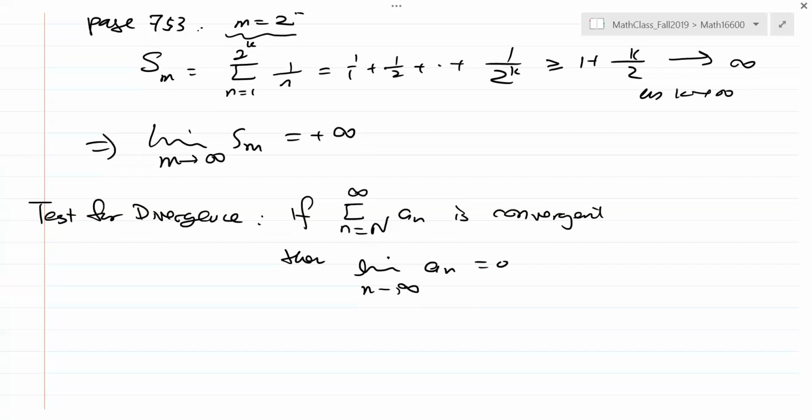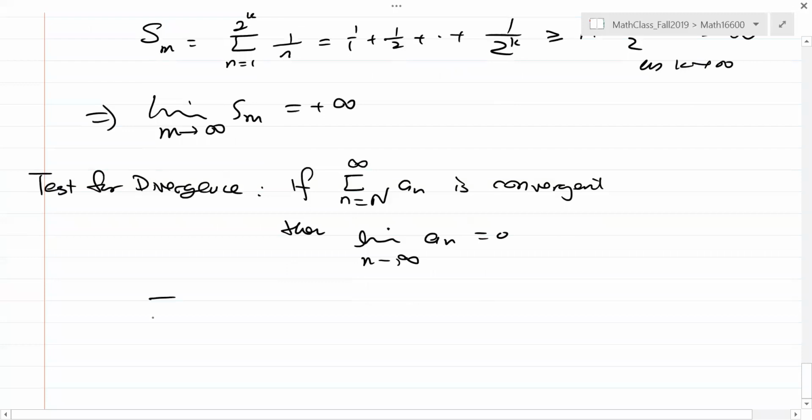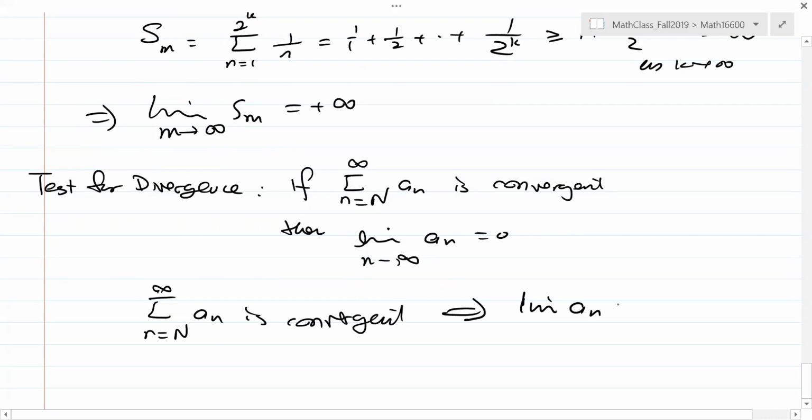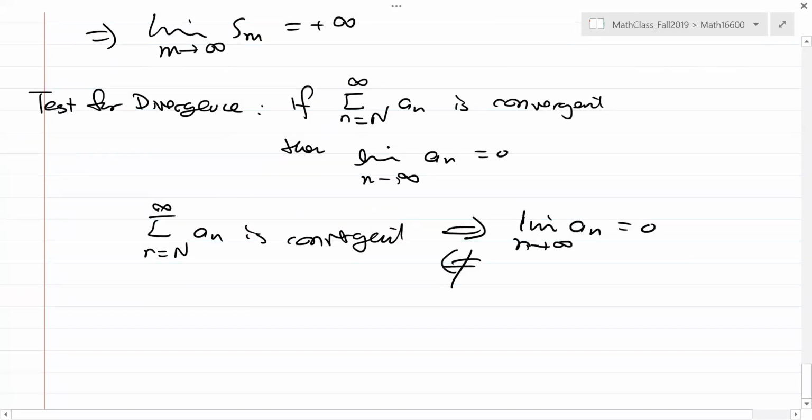Okay, so let me draw. The series is convergent implies the limit of a_n equals 0. But conversely, it's not always true. Example, a counterexample is the harmonic series.